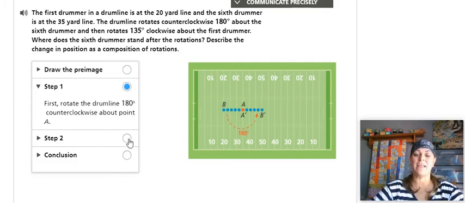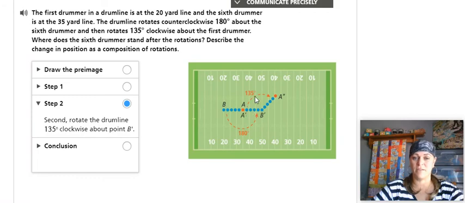And then we're going to rotate 135 from B prime. It says clockwise. So from here, I'm going to rotate these drummers this way, 135 degrees. There they are, right there. Then it says, describe how the sixth drummer stands after the rotation. Describe the change in position.